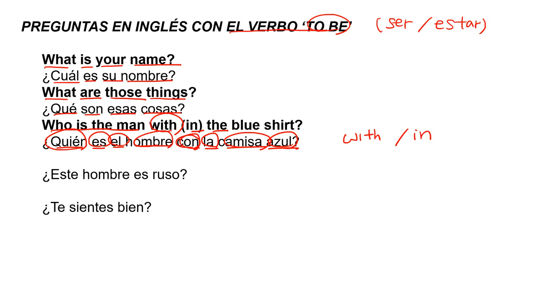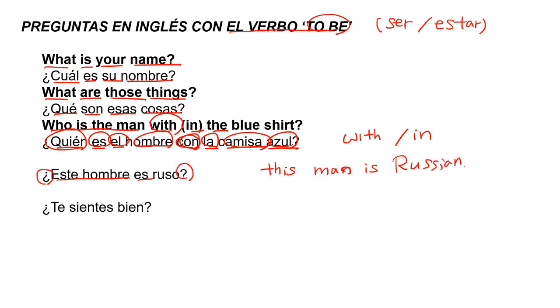Este hombre es ruso. So this one is a question. So look at this. Este hombre, this man is Russian. This man is Russian, but this is a question.